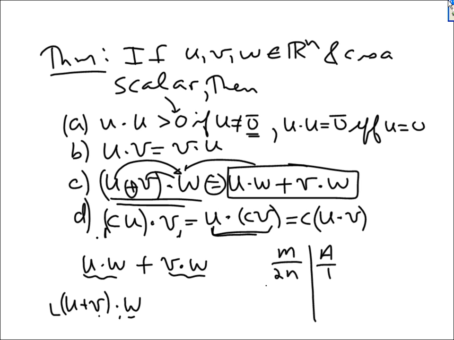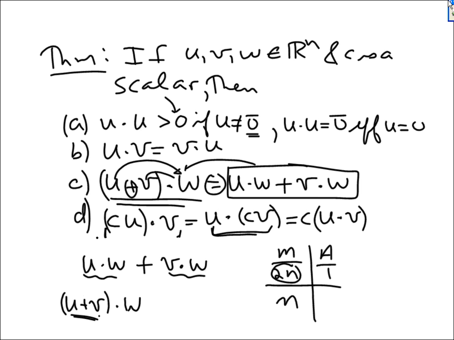Now, if you did it from the left, let's see how many multiplications you'd have to do. Well, you add these two vectors in Rn, you'll get a vector in Rn. And then you dot it with W, which is in Rn. So you only have to do n multiplications, instead of 2n, so you do half as many multiplications.